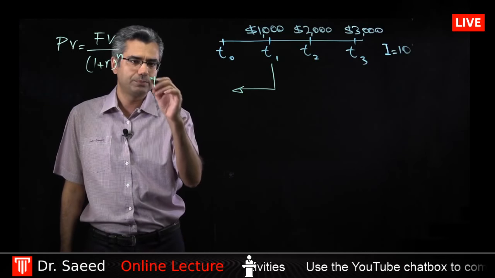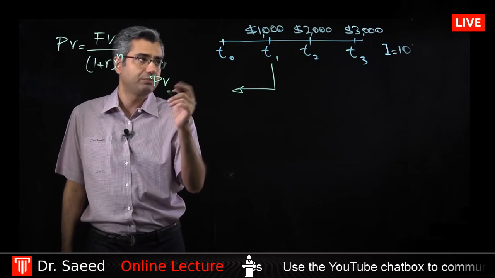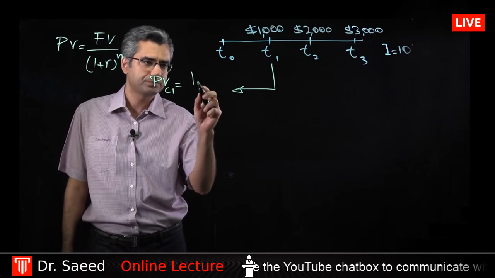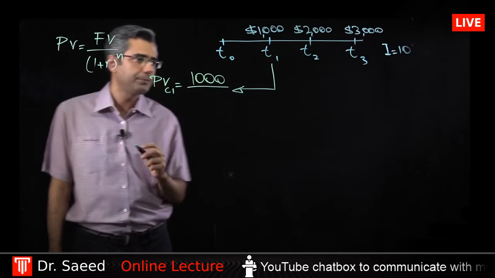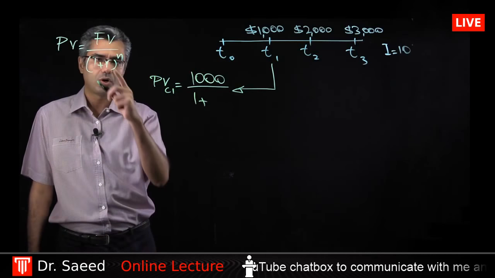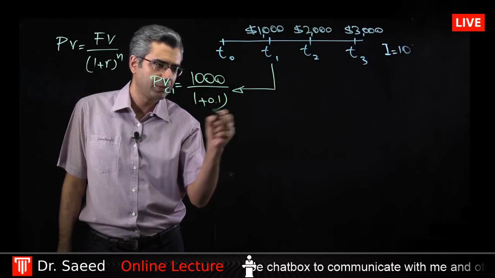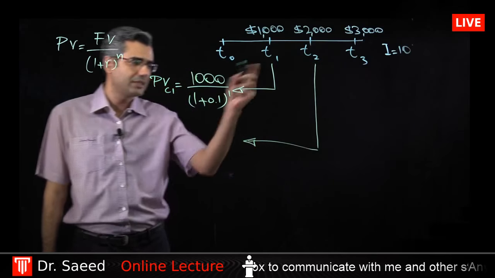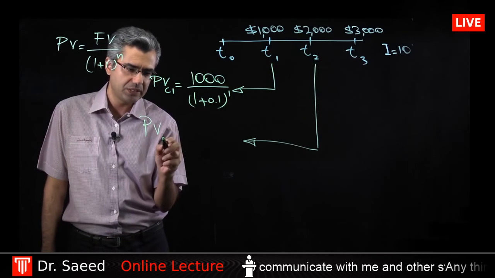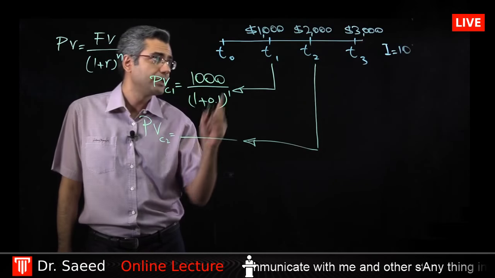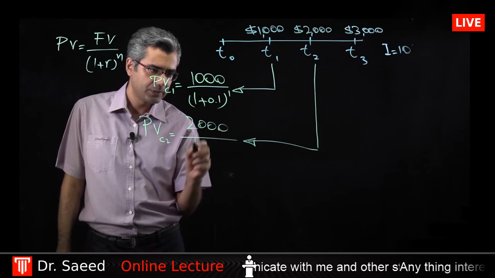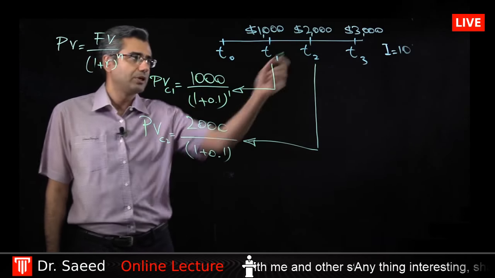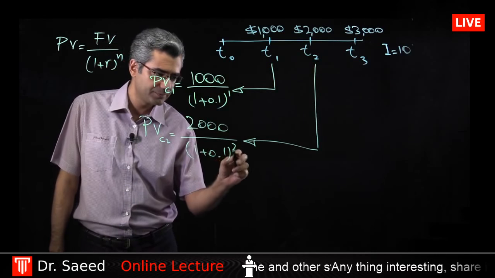So present value, I name it PV for cash flow 1, C1, is $1,000 divided by 1 plus r. r is 10%, so 0.1. Power is 1. Then next one, I discount the second cash flow. I name it PV of cash flow 2, present value of cash flow 2 is 2,000 US dollars divided by 1 plus interest rate, and power is 2 because you are discounting it for two periods.